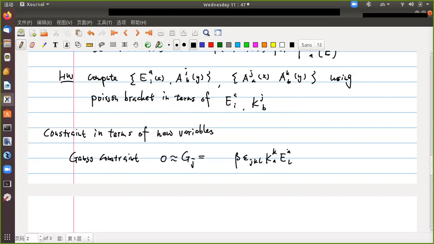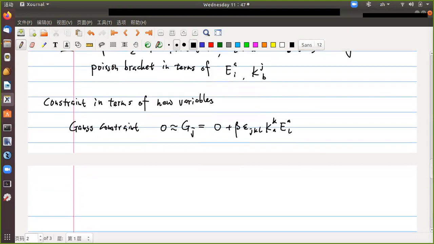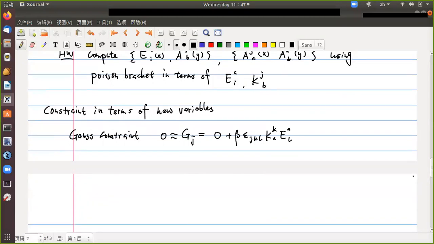E A L. Okay, but of course I'm free to add a 0 in front. It doesn't change anything, but this 0 can be expressed in terms of E. So this equals to that. I can write this 0 as the following.